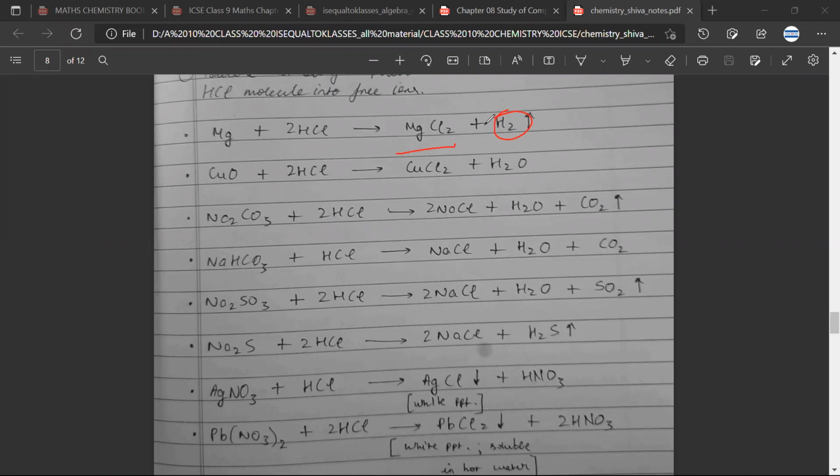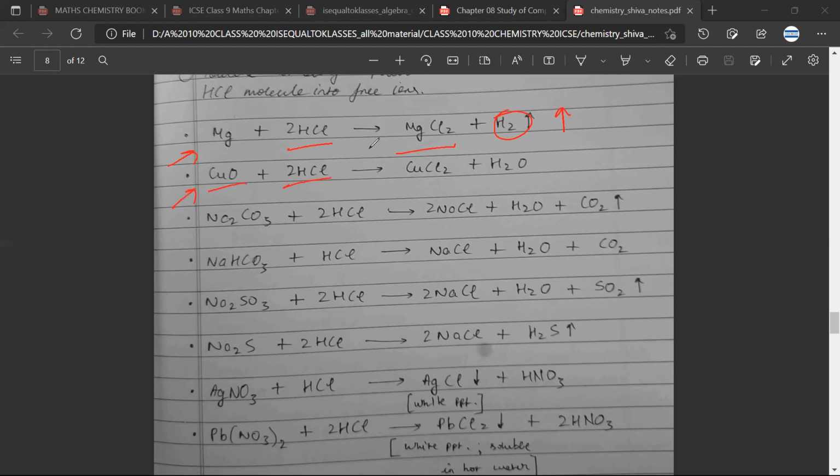Now please don't write that because HCl contains the letter H, therefore hydrogen is there in hydrogen chloride. You have to list this reaction first. Mg plus 2HCl gives magnesium chloride plus hydrogen, and it is very important to list the upwards arrow that indicates that the product is in a gaseous state and it is hydrogen, which is always a gas.